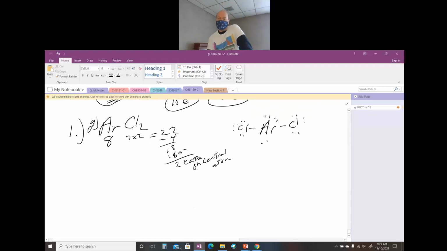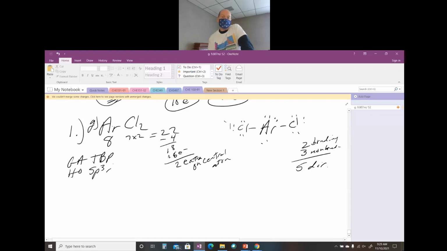All right, so then we do our directions. We have 2 bonding directions. And we have 3 non-bonding. And so that is 5 directions. And so our geometric arrangement is trigonal bipyramidal, hybrid orbital, sp3d. All right, so then we have to draw in 3 dimensions.